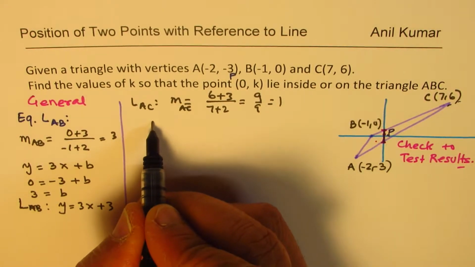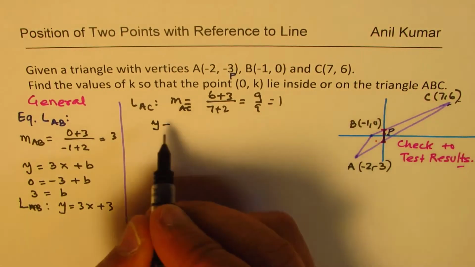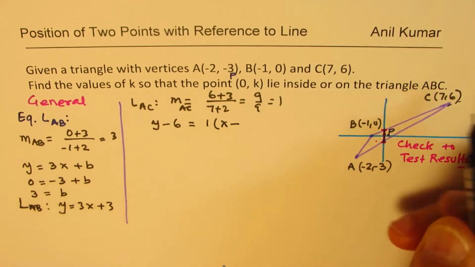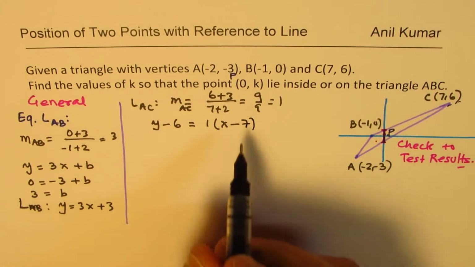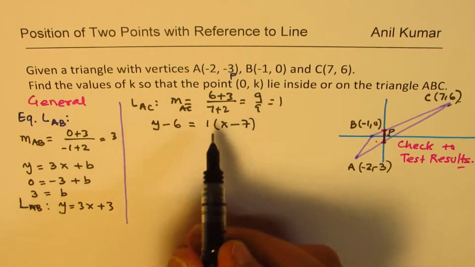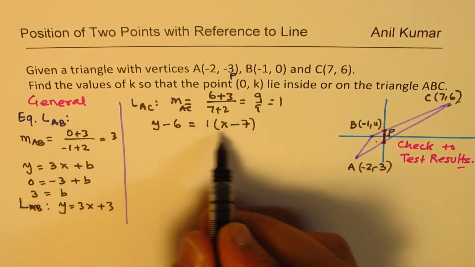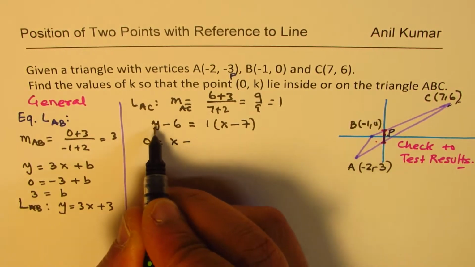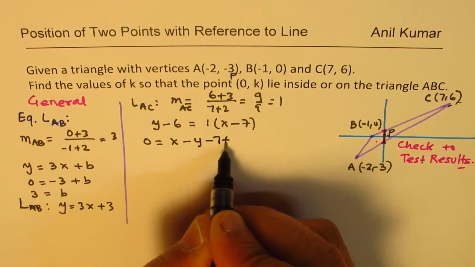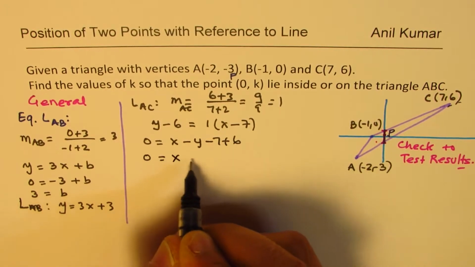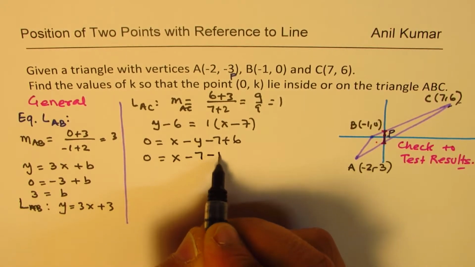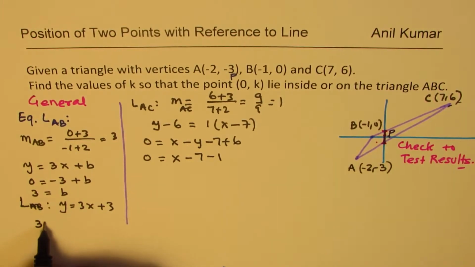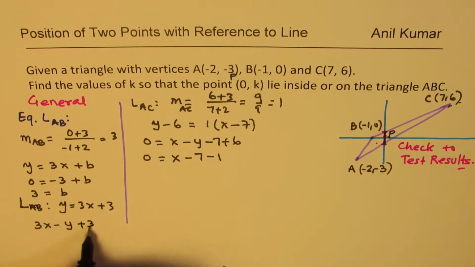This time we can use the formula y minus y1, let it be 6, equals m times x minus x1, which is 7. Bringing all to the right side, 0 = x - y - 7 + 6, which is 0 = x - y - 1. Clear? Let's write AB also in standard form. We get 3x - y + 3 = 0.